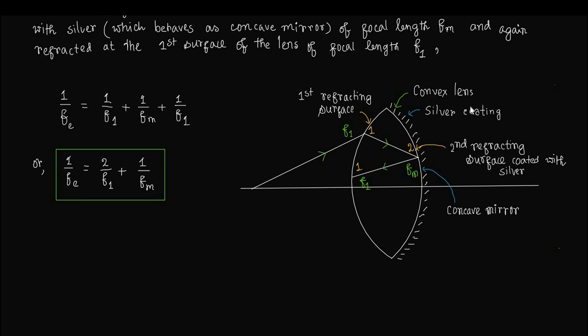Refraction occurs twice through the first refracting surface, and reflection occurs from the second refracting surface coated with silver, where fe is the equivalent focal length.